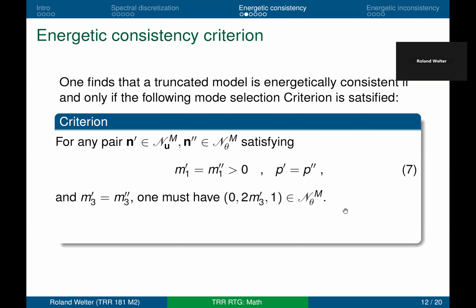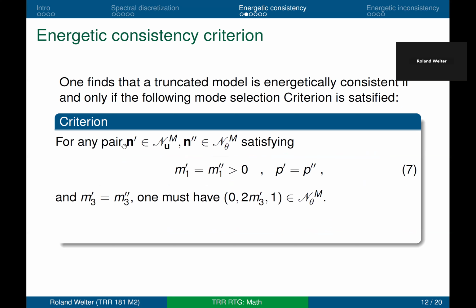By doing some analysis in Fourier space, you can find that a truncated model is energetically consistent, and this left-hand side is equal to the right-hand side, if and only if the following mode selection criteria is satisfied.